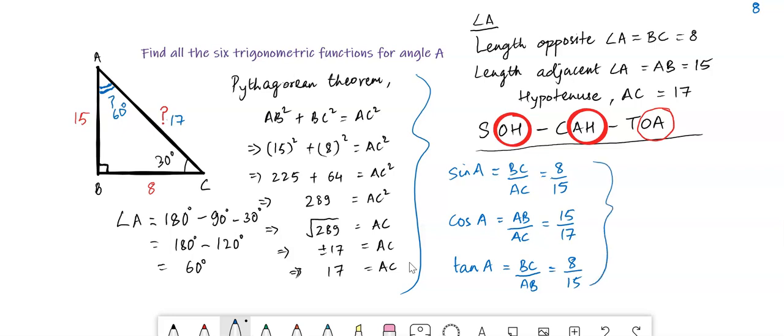Once we are done with that, we can write the inverse functions of these 3 basic trigonometric functions. Now the inverse of sine of angle A is going to be cosec.